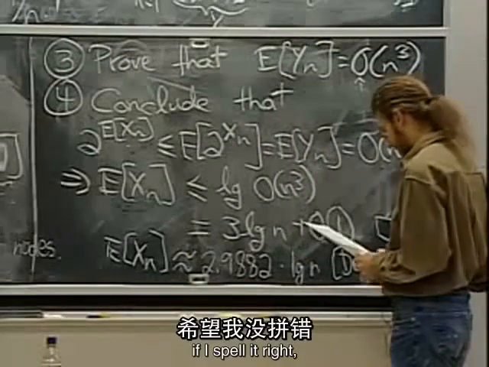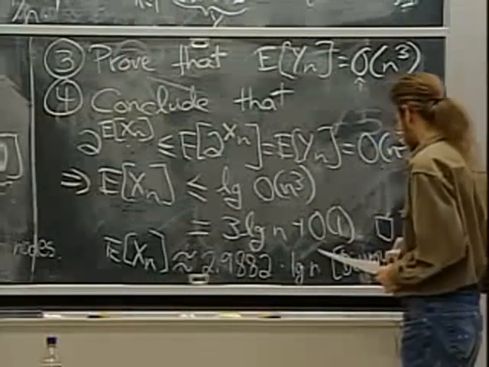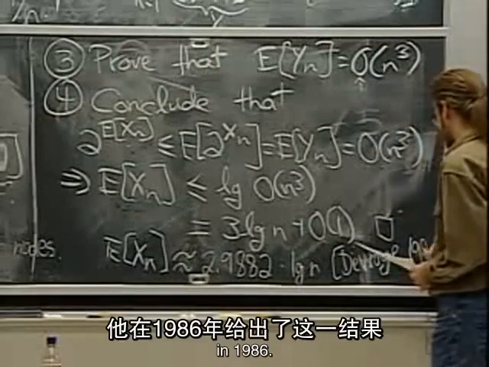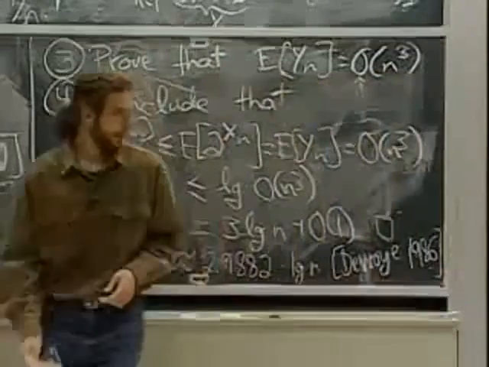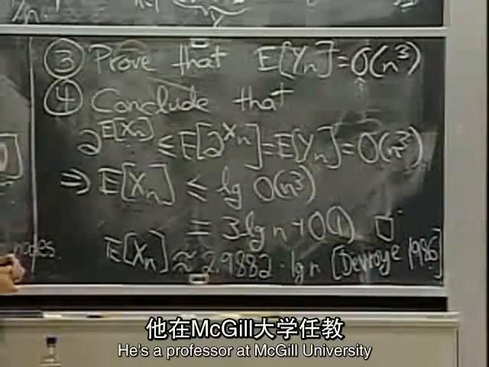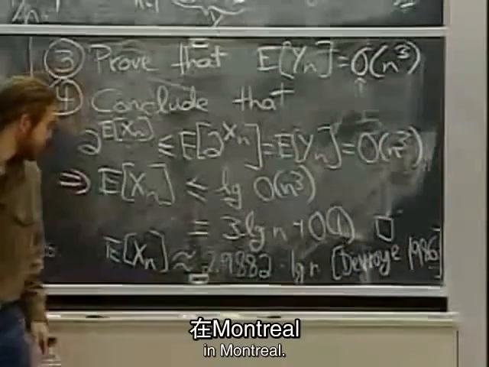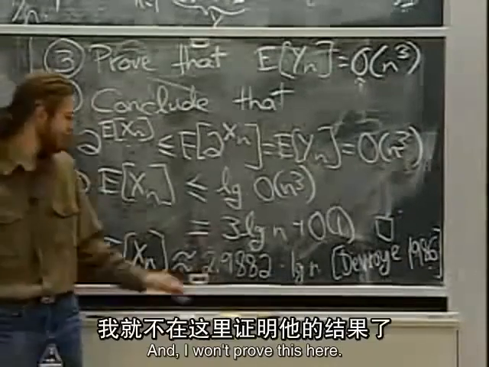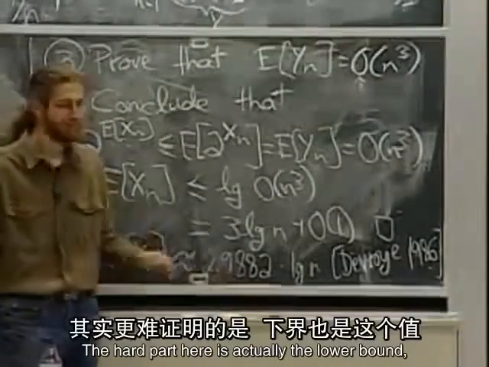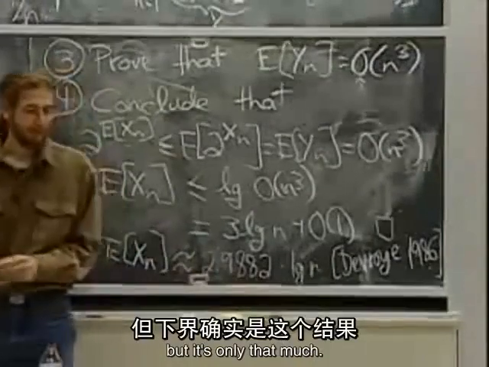I can spell it right. In 1986, he's a professor at McGill University in Montreal. So we're pretty close, 3 to 2.98, and I won't prove this here. And the hard part here is actually the lower bound, that it's only that much.